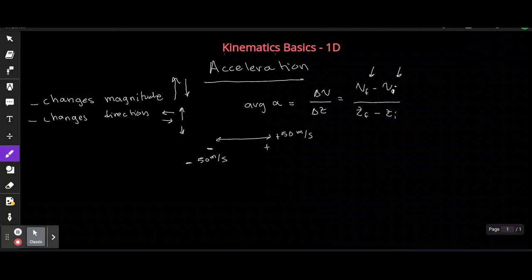And that still gives us a nonzero absolute value of our delta v, which means that we have an acceleration. Later on in future videos, we will determine how acceleration can occur and how it can change.